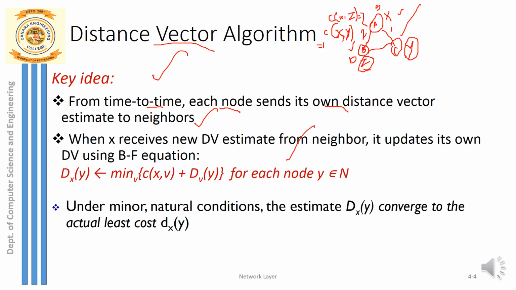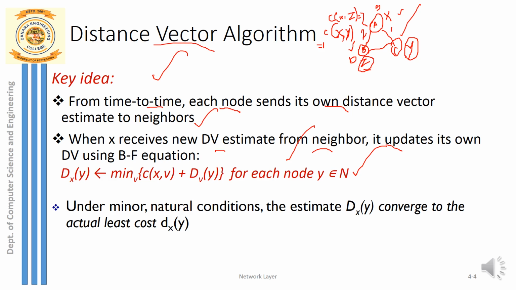So when source node X receives the distance vector estimate from its neighbor, it updates its own distance vector using the following equation. Any node, to calculate its distance vector, should make use of this Bellman-Ford equation.